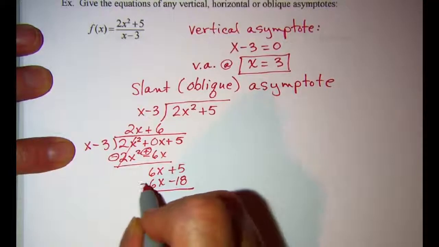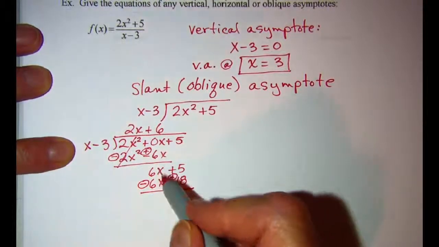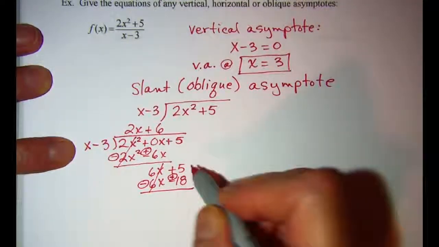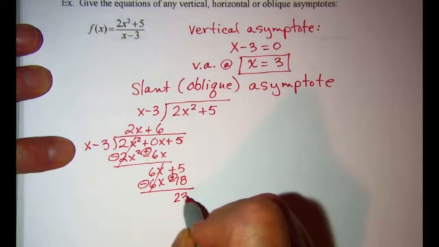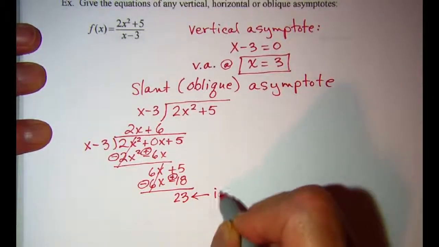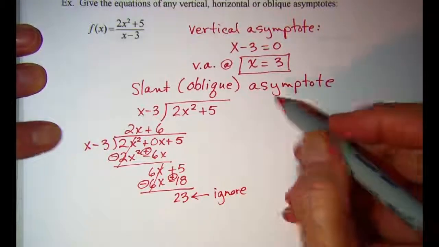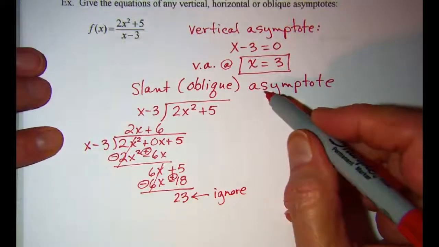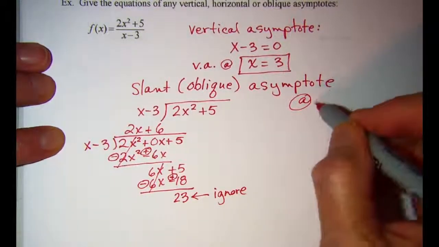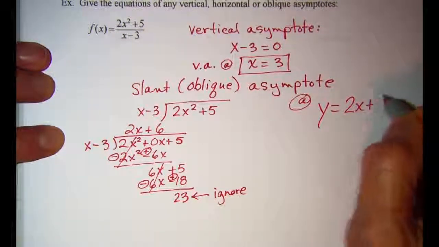Subtract by changing the signs and adding. So positive 6x and negative 6x cancels. 5 and 18 is 23. But we will ignore the remainder. So our slant or oblique asymptote will be at y equals 2x plus 6.